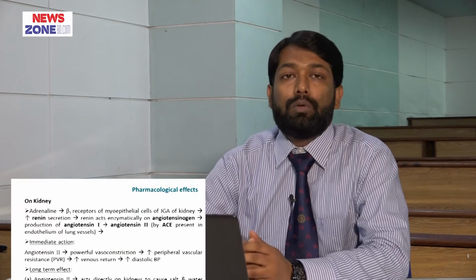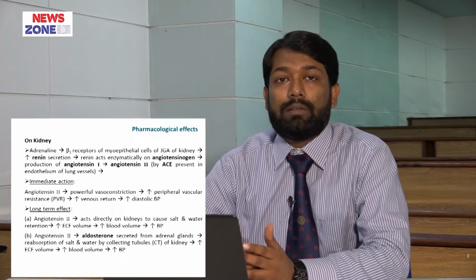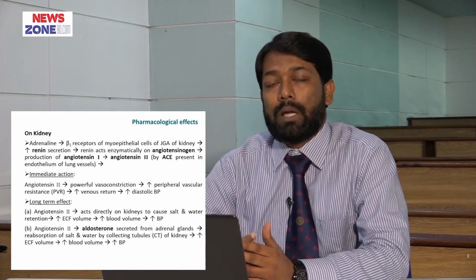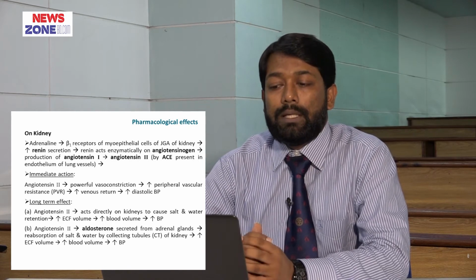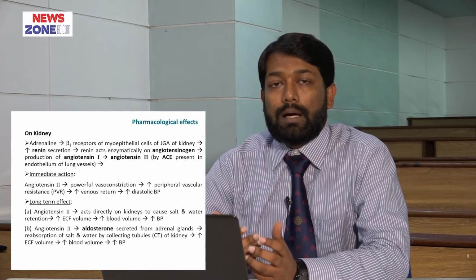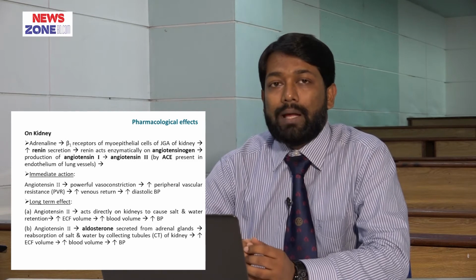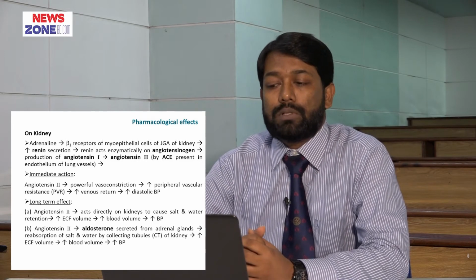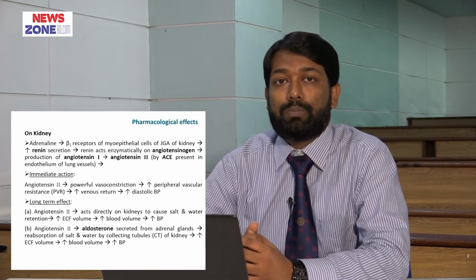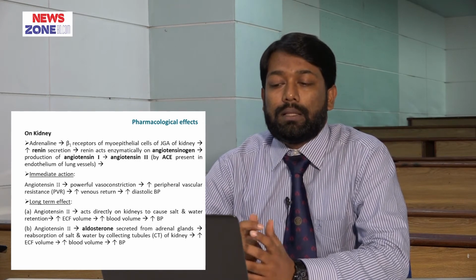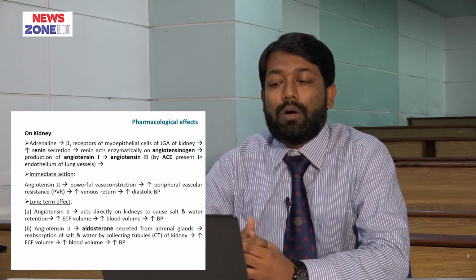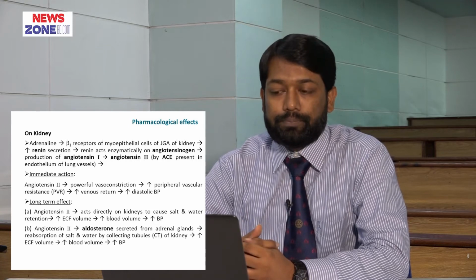The most important is their role on the kidney, the role of adrenaline or other sympathomimetic drugs on the kidney. Adrenaline is an agonist and binds with the beta 1 receptors of myoepithelial cells present in the juxtaglomerular apparatus of the kidney. Thus, they increase renin secretion.